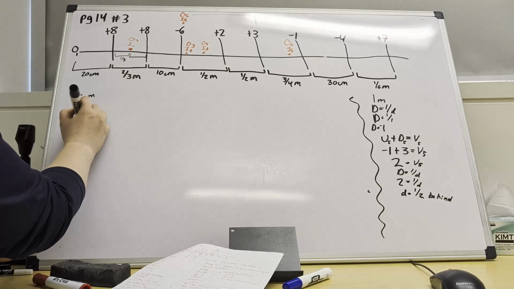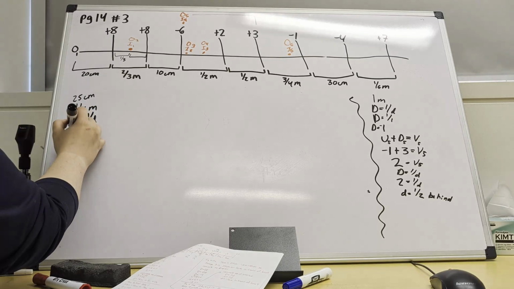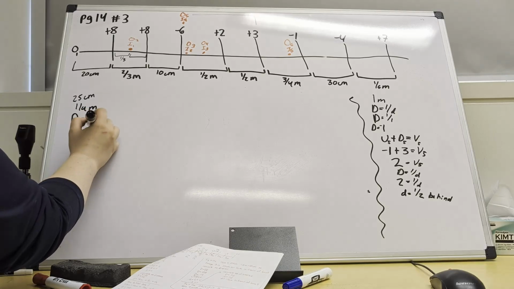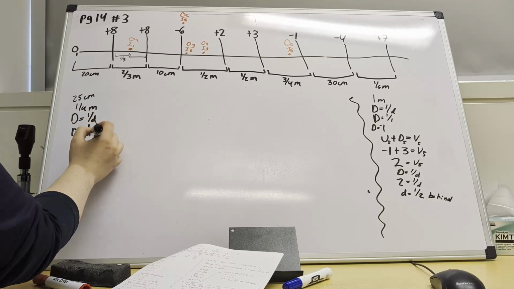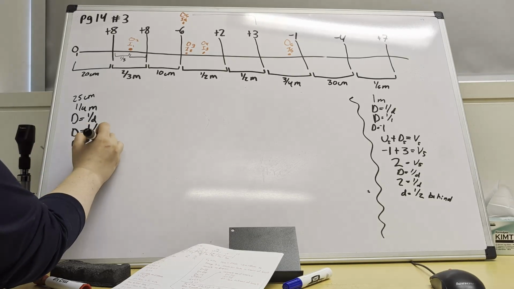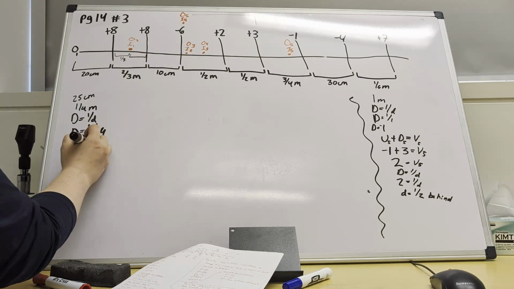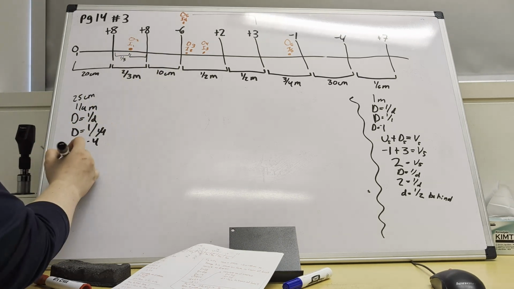We have to go diopters equals 1 over distance. The diopters is going to be 1 over 1/4. That simplifies down to 4. It's going to be negative because it's in front.